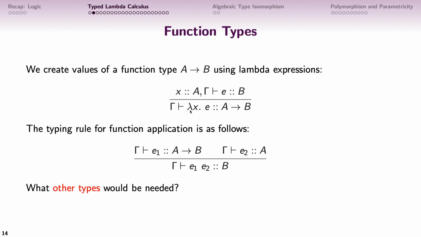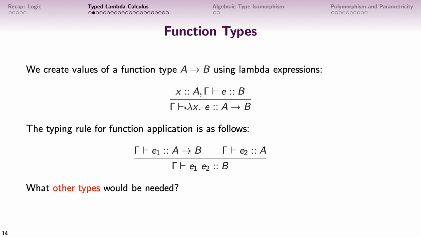I have this expression here, lambda x e. It's a function that, given an A, if x is of type A and e is of type B, then lambda x dot e is of type A implies B. That's what this rule is saying.